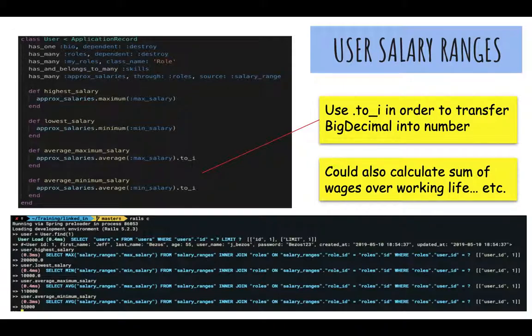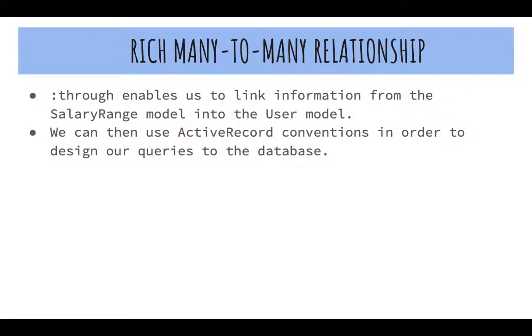His average maximum salary, so the average of all the maximum salaries from the salary range class, was 110,000. His average minimum salary was 55,000. So this is quite a powerful tool to enable us to query our database more effectively.